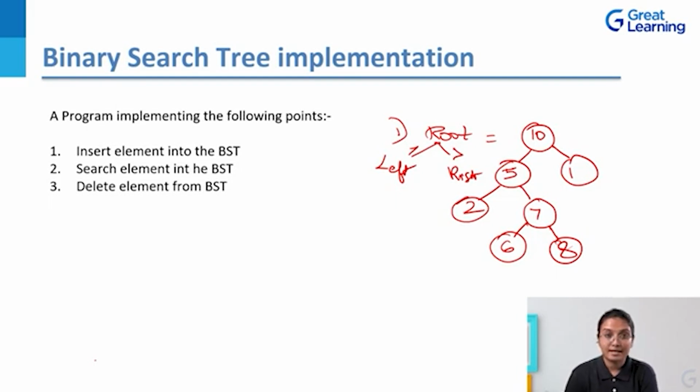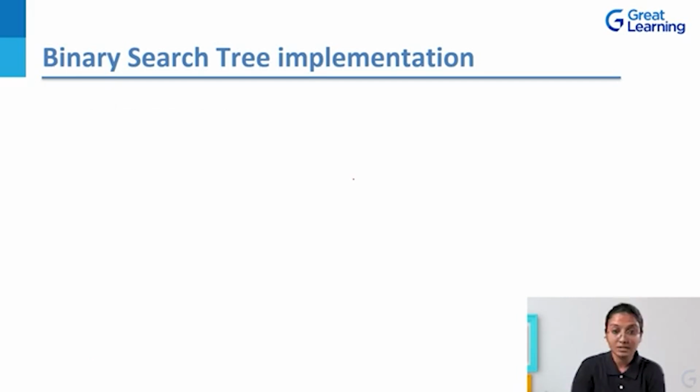Let's understand how searching happens with the help of pseudocode, and then proceed with insert and delete. Let's see the search operation first. What happens in search? The first thing is the root node should be considered.